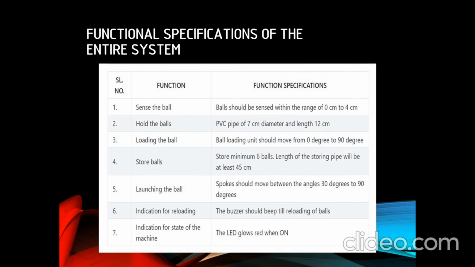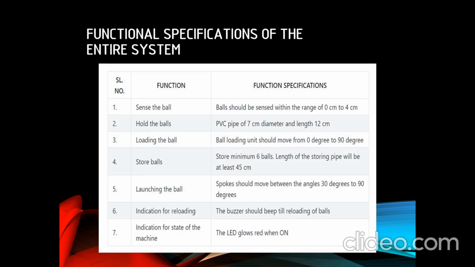Functional specifications. Sense the ball. Balls should be sensed within the range of 0 to 4 cm. Hold the ball. PVC pipe of diameter 7 cm and length 12 cm. Loading the ball. Ball loading unit should move from 0 to 90 degrees. Store the ball.